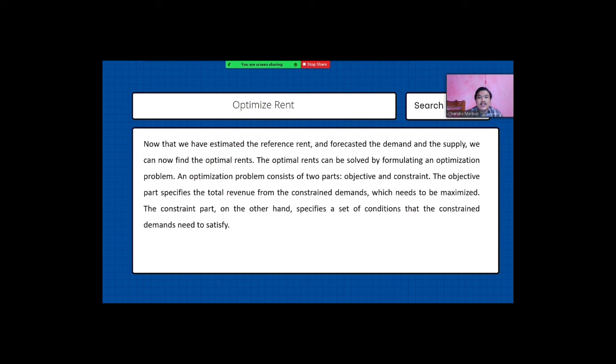An optimization problem consists of two parts, objective and constraint. The objective part specifies the total revenue from constrained demand, which needs to be maximized. The constraint part, on the other hand, specifies a set of conditions that the constrained demand needs to satisfy.